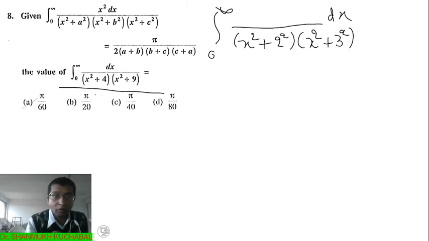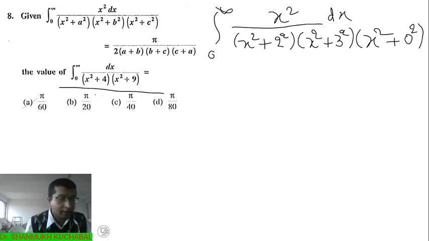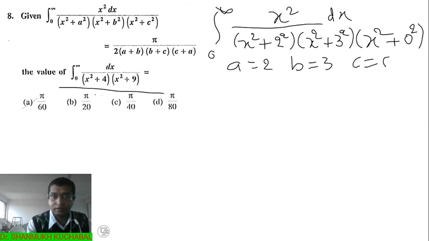So further, one more factor we require. So here we multiply by x square, and to balance it, we divide by x square. We want x square plus c square, I take it as 0 square here. Therefore, comparing this, we get a equal to 2, b equal to 3, c equal to 0.